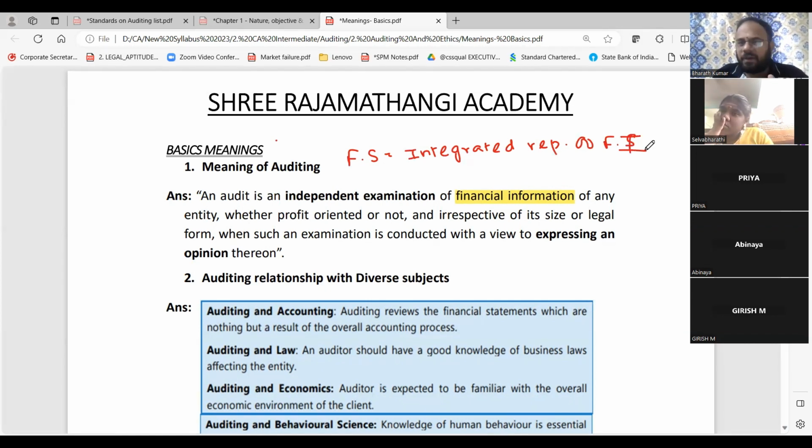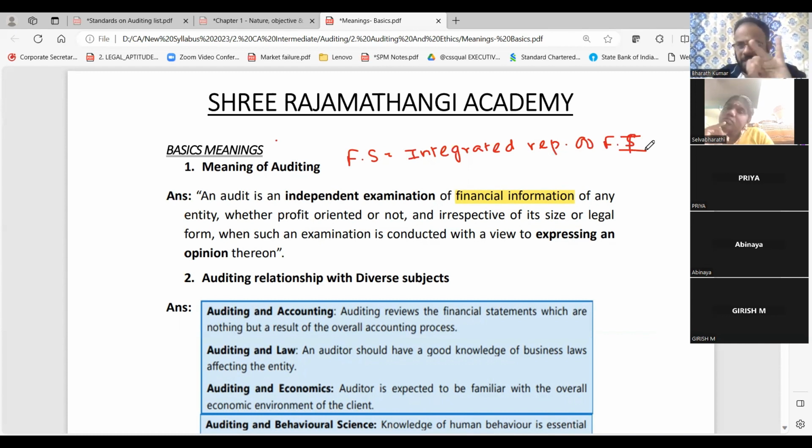So financial information will consist of so many items. That is what we said, audit of items of financial statements. So all this financial information, when you integrate, becomes a balance sheet or P&L or cash flow statement or statement of changes in equity or notes to accounts or a combination of everything.